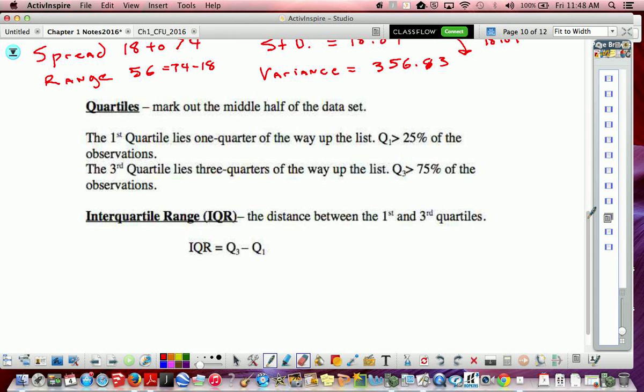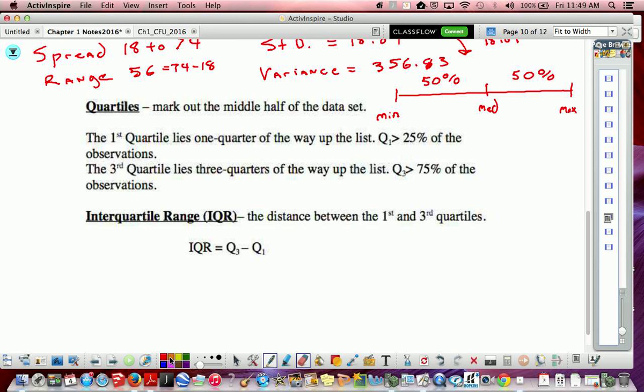Quartiles. Quartiles mark out the middle half of the data set, meaning this. If my data goes from a min to a max, your median divides it into 50% and 50%.